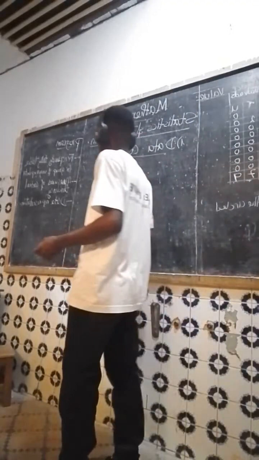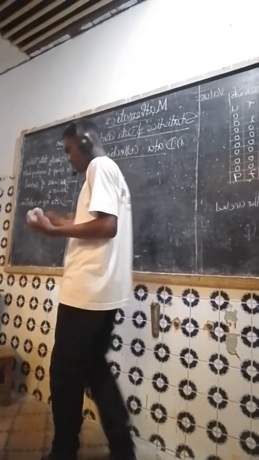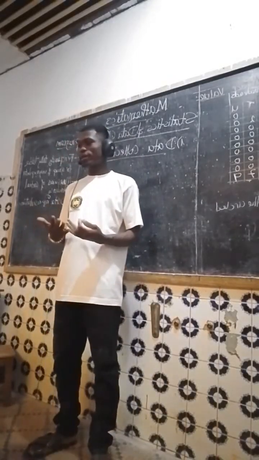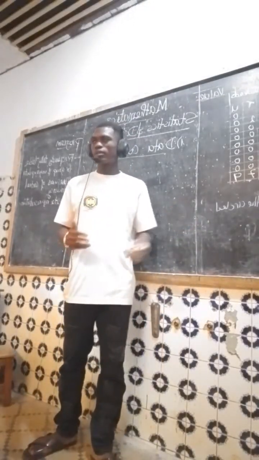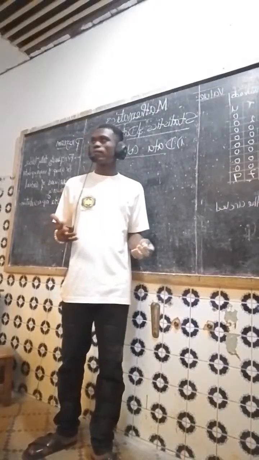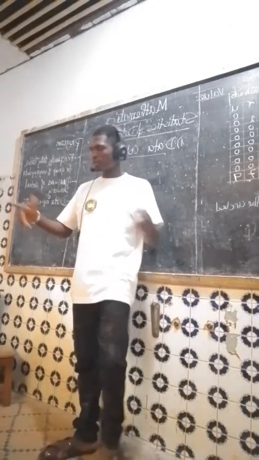So now, what we have to start with is known as raw data. They can give us a statistic of a set of data.